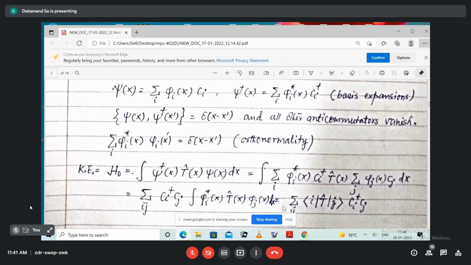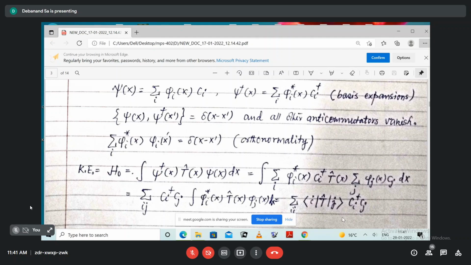Your K1 equals K2 and sigma 1 equals sigma 2. So in place of sigma 2, you write sigma 1; in place of K2, you write K1. So you will have only two sums, K1 sigma 1, h cross square K1 square by 2m, C K1 sigma 1 dagger, C K1 sigma 1.